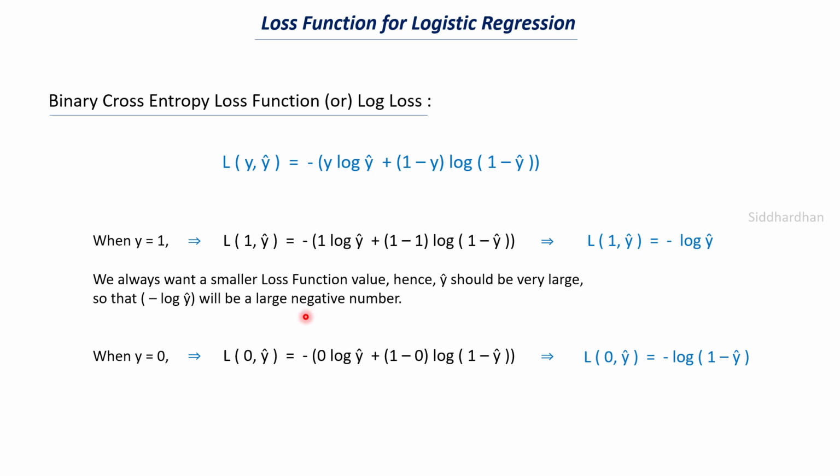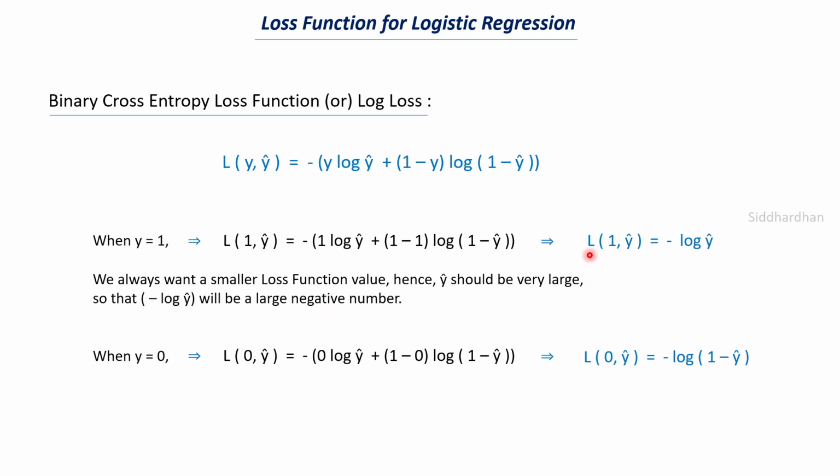If you want a very large negative number for the loss function, this log y cap value should be huge, and for that, the y cap value should be very large. That's what I have mentioned here. So if you want a smaller loss function, your y cap value should be very large, and if your y cap value is very large, this minus log y cap will become a very large negative number, which means your loss function value is very minimum.